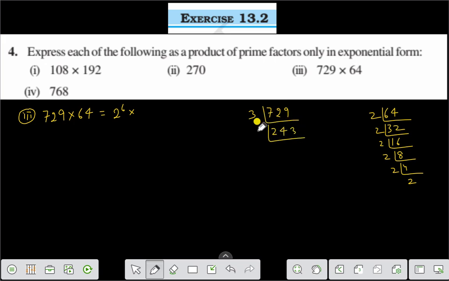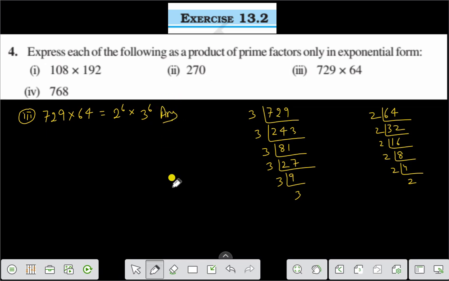Again divided by 3. 3 8 is 24, 3 1 is 3, divided by 3. 3 2 is 6, 7 is 21, 3 7 is 21. 3 9 is 27, and 3 3 is 9. Then we are getting 3 to the power 1 2 3 4 5 6, 3 to the power 6. Then we can say that the value of this answer is 2 to the power 6 and 3 to the power 6. This is the answer of question number 3.